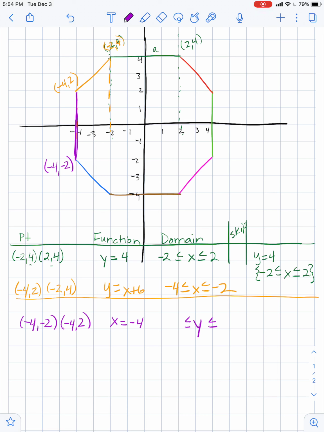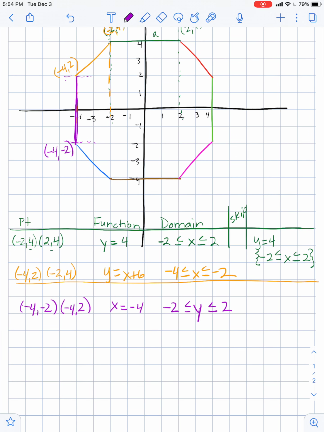And so y went from down here at a -2 up there to a +2. Those are your y values. That's the only one that will do that. So that's an example of how each of those works in terms of writing your equations.